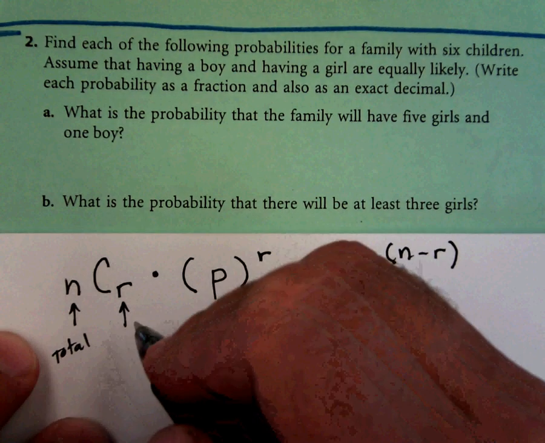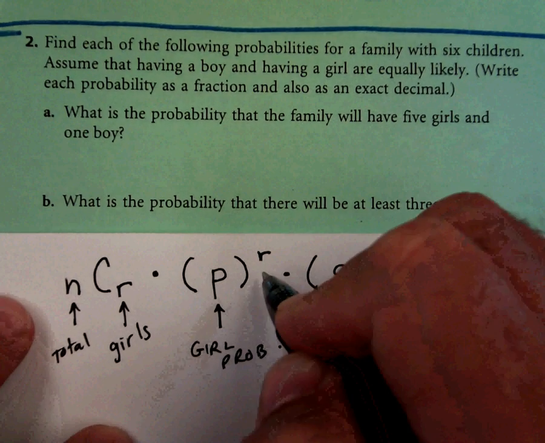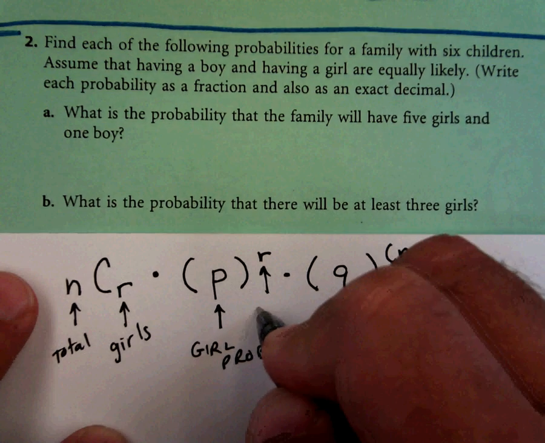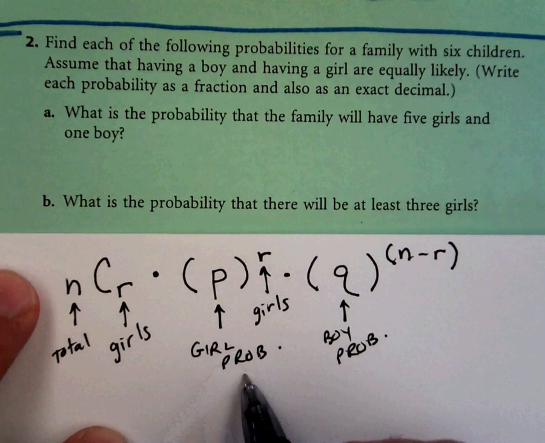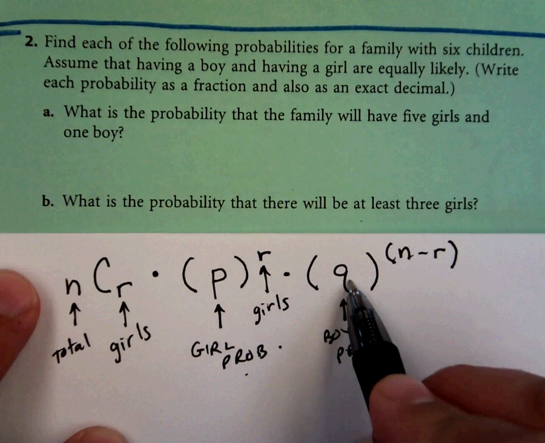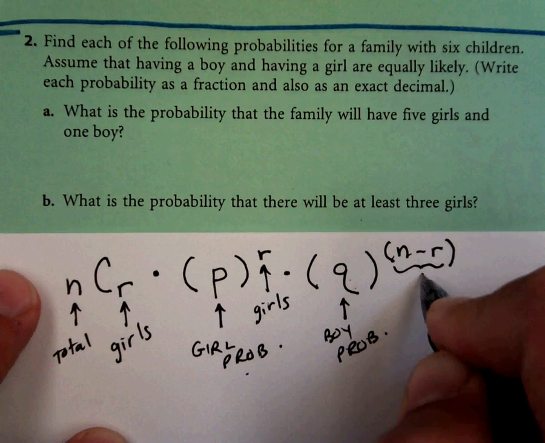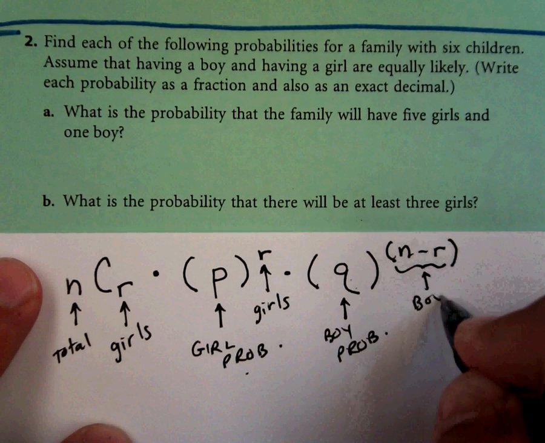Instead of calling R favorable, let's just call it the number of girls. So that's going to show up twice, once after the C in NCR, and once as the exponent on P. Girl probability and number of girls should go together right here. Boy probability and number of boys will go together here. N minus R would be the number of boys in this case.